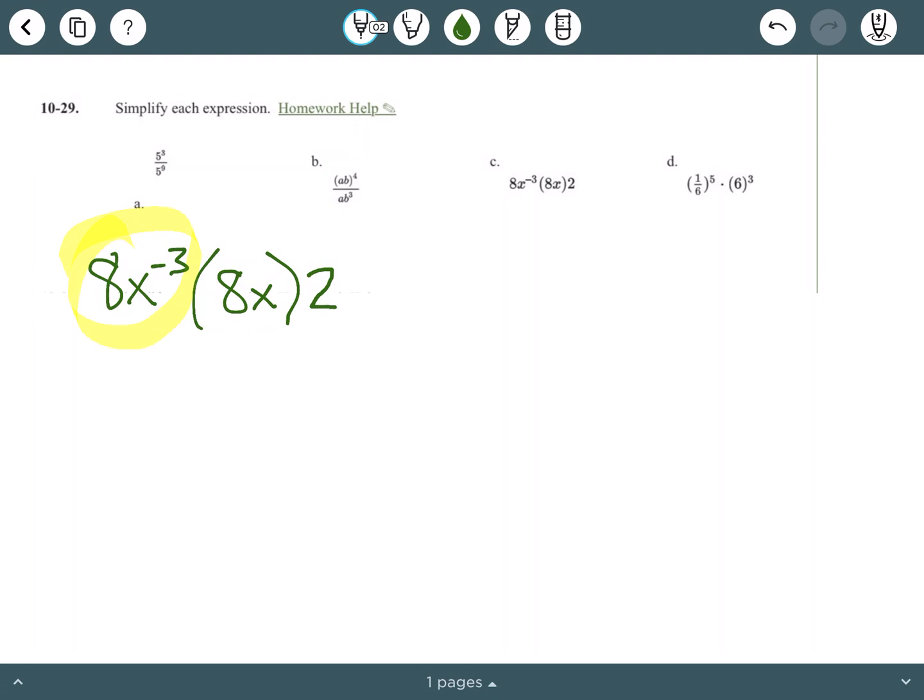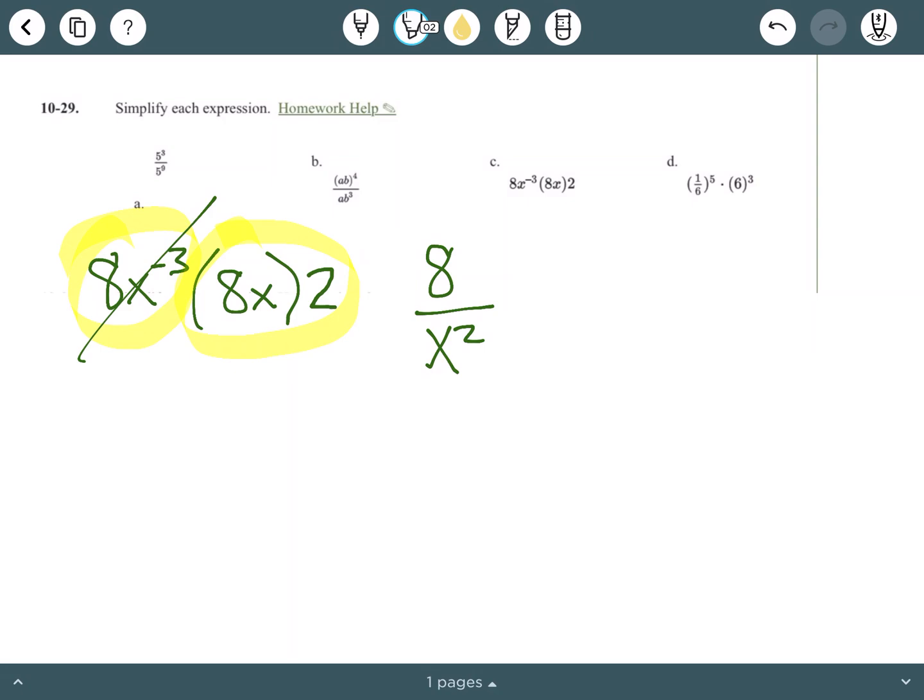So this is going to become 8 over x to the third. So again, that's 8 over x to the third. And that takes care of that part. So we're done with that. Now we want to focus on this 8x times 2.